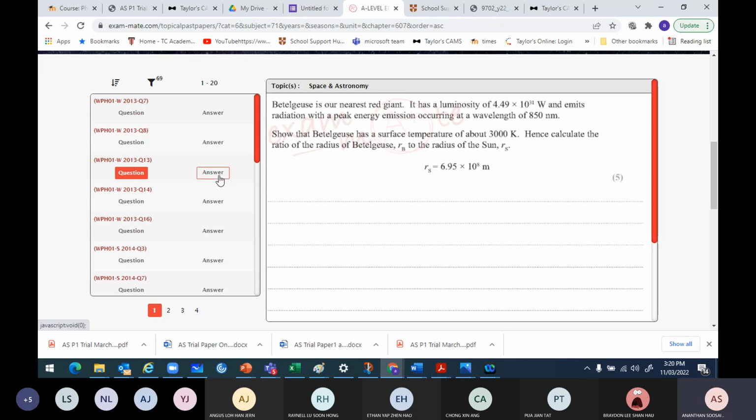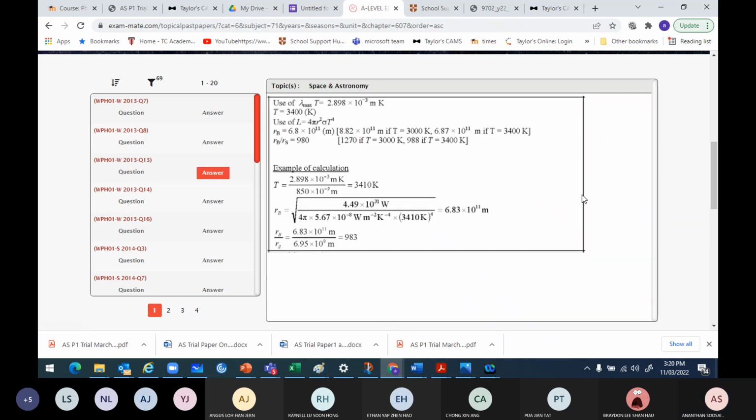Okay, we go to the answer. Check. So yeah, the first part, lambda T equals the constant. So you get the surface temperature. Then we use Stefan's law. Luminosity is the area times sigma T power of 4. We are looking for the radius now, right?